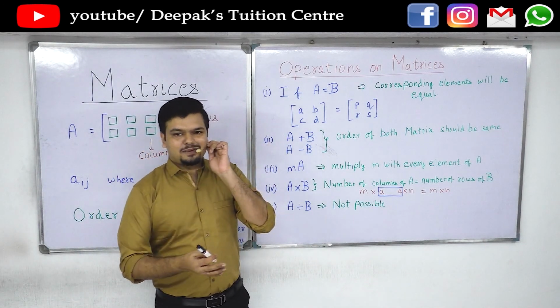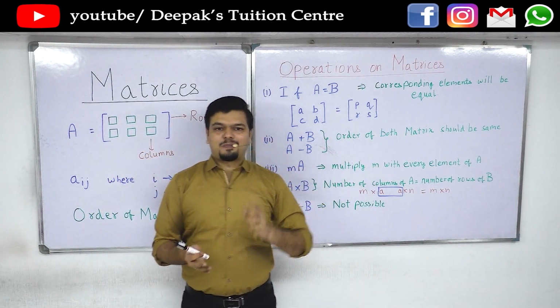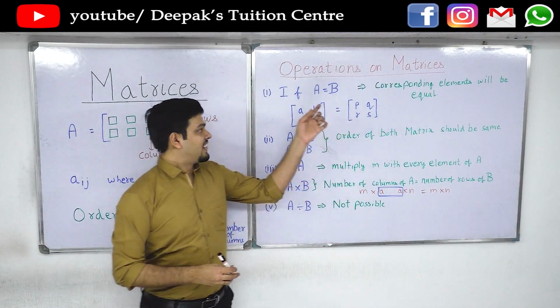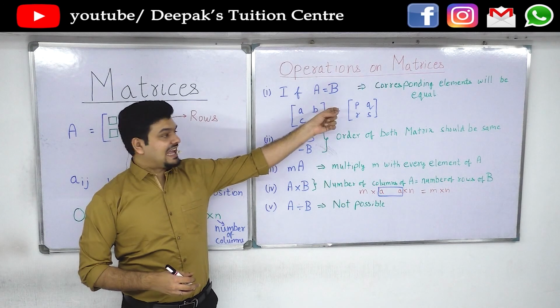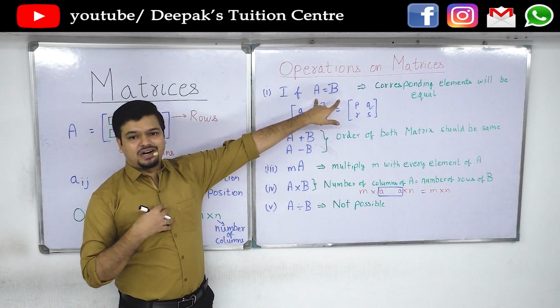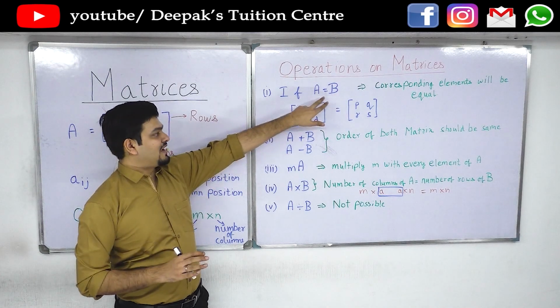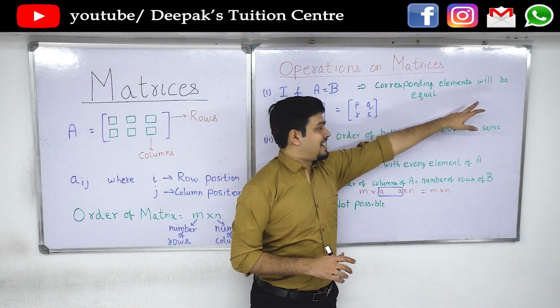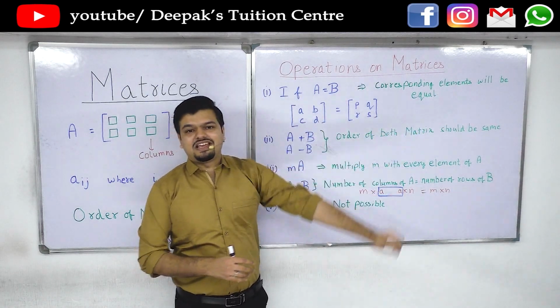Like all other algebraic chapters, there are certain operations that we can perform on matrices. Those operations are: first, if matrix A equals matrix B, since capital letters are used, I can be assured they are matrices. So if A is equal to B, then we know that corresponding elements of the matrices will be equal.